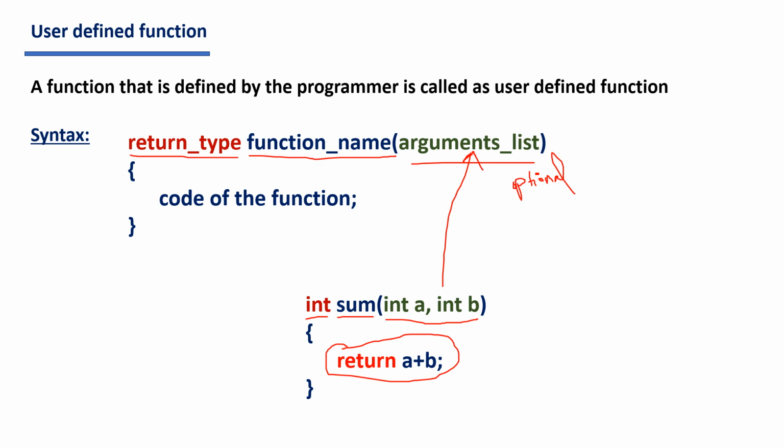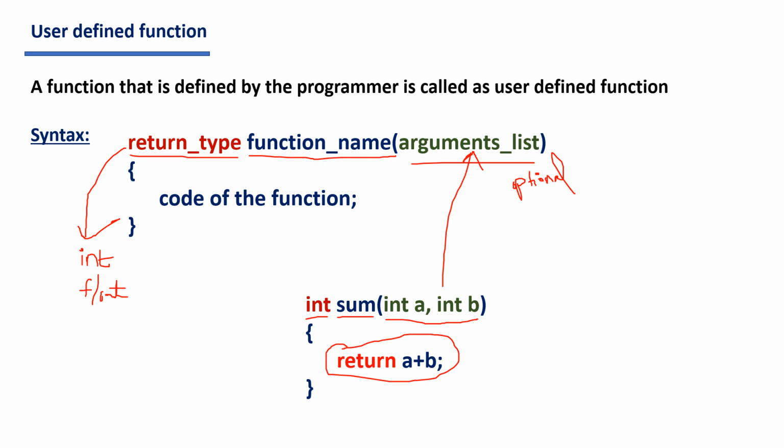Then coming to the return type. What does the return type of a function say? The return type says that after completing the function, what type of value it is going to return. A function can return an integer value, a function can return a float value, etc. A function can return any data type value. Similarly, a function can return a user-defined data type value also.